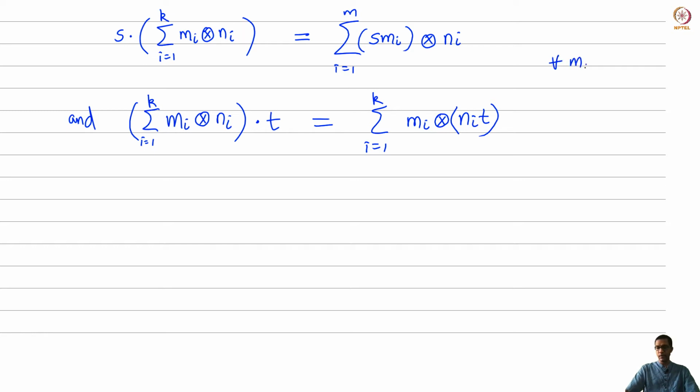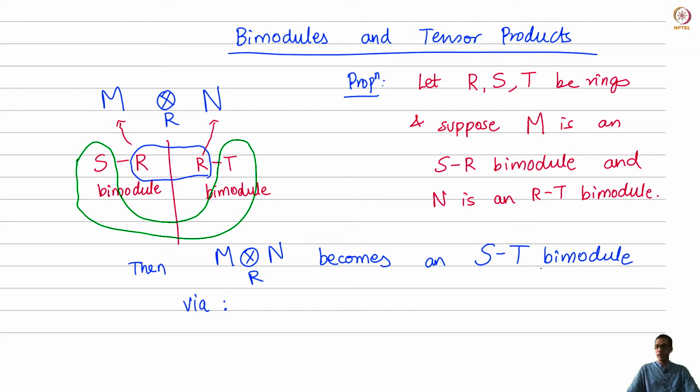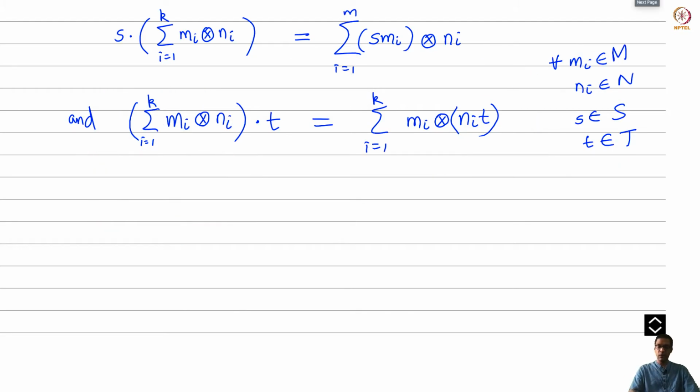This is for all mi in M, s in S, t in T. I claim that there exists an S-T bimodule structure which satisfies this property, that on a typical element of the tensor product like this, the left action of s is given by taking the left factor mi in each of those summands and putting an s on its left. Similarly for mi tensor ni, you put a t on the ni portion. So the claim is such a thing exists.